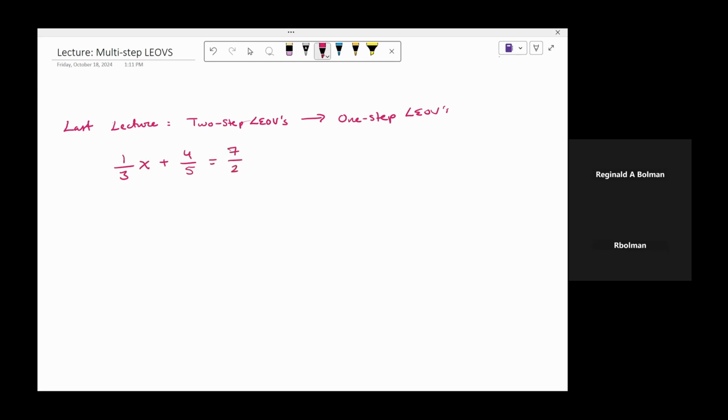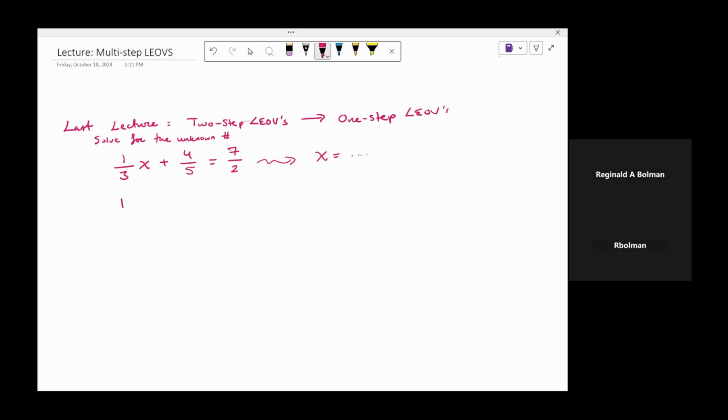We took an equation such as the following, and we're able to solve for x, or solve for the unknown number, using a strategy where we apply first the additive inverse and then the multiplicative inverse in order to get this equation into a form where x is on one side of the equal sign and all of your other terms are on the other side.